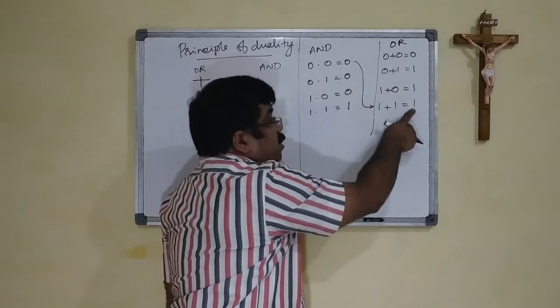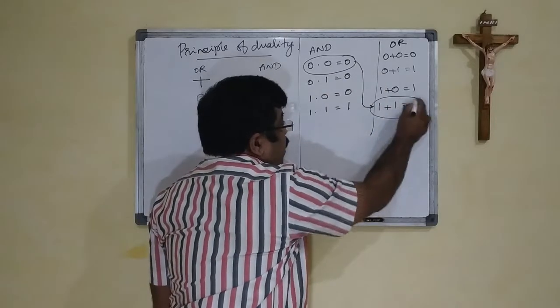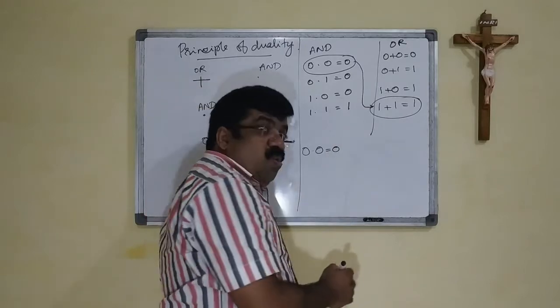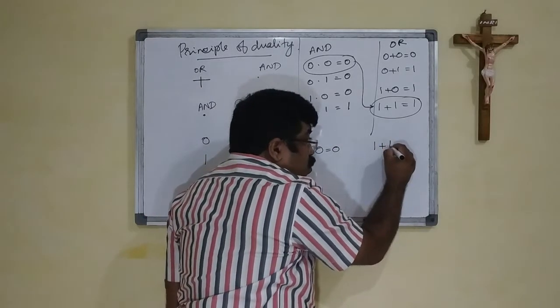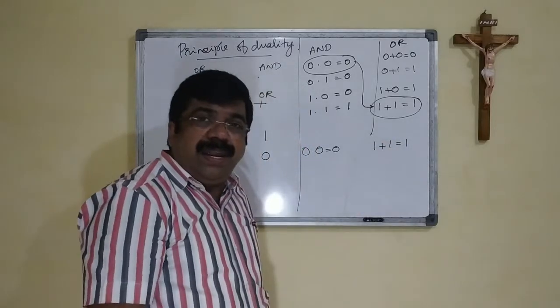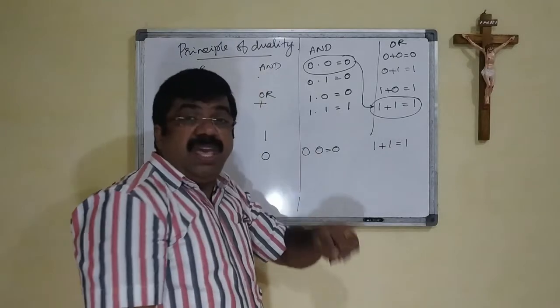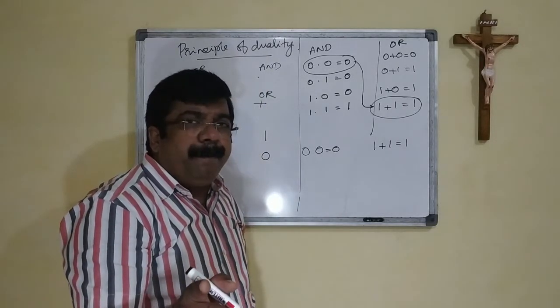We got another expression. So we can say 0 into 0 is equal to 0 has got its dual as 1 plus 1 is equal to 1. The first is the original expression, the second one is the dual of the first expression. I think it is clear.